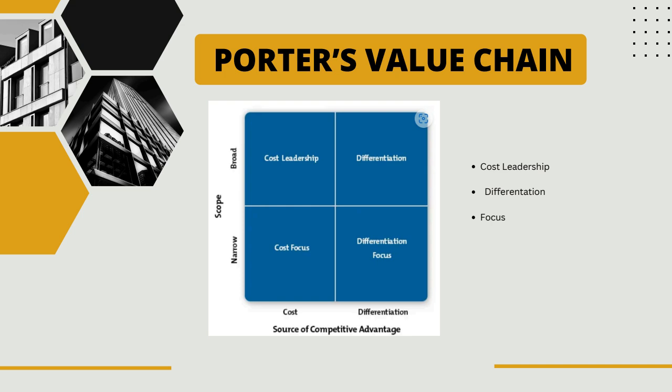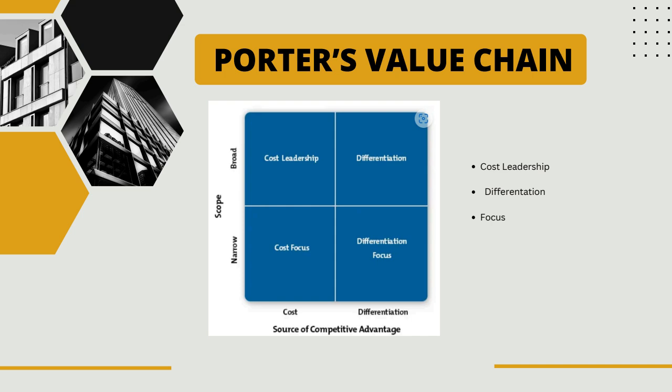Sort of an idea of what Porter's value chain is, or your generic competitive strategy, as it speaks on, is there's three different components to it, which is cost leadership, differentiation, as well as focus. So basically, it determines your profitability, whether it's above or below your industry average.